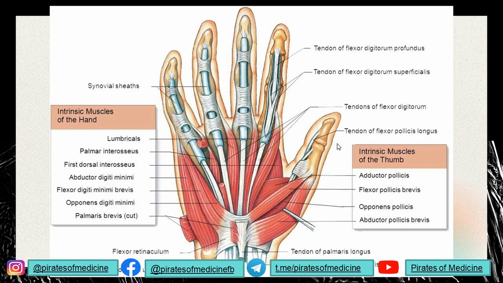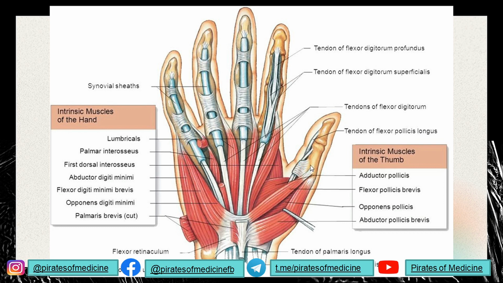So you can see the thumb is made up of the distal phalanx and the proximal phalanx, and similarly the distal phalanx is supplied by the long flexor muscle of the thumb, and the proximal phalanx is supplied by the short flexor of the thumb. The bending or flexing of the thumb: the distal phalanx is supplied by the long flexor and the proximal phalanx is supplied by the short one, flexor pollicis brevis.